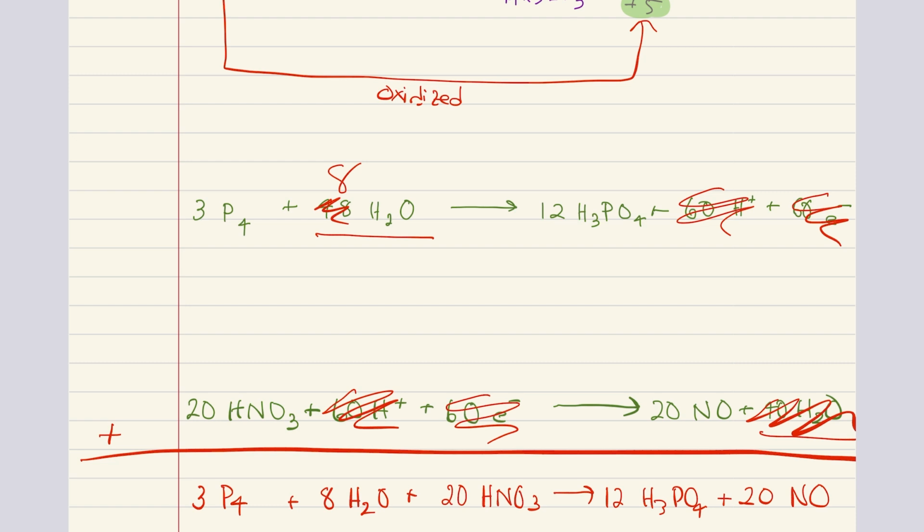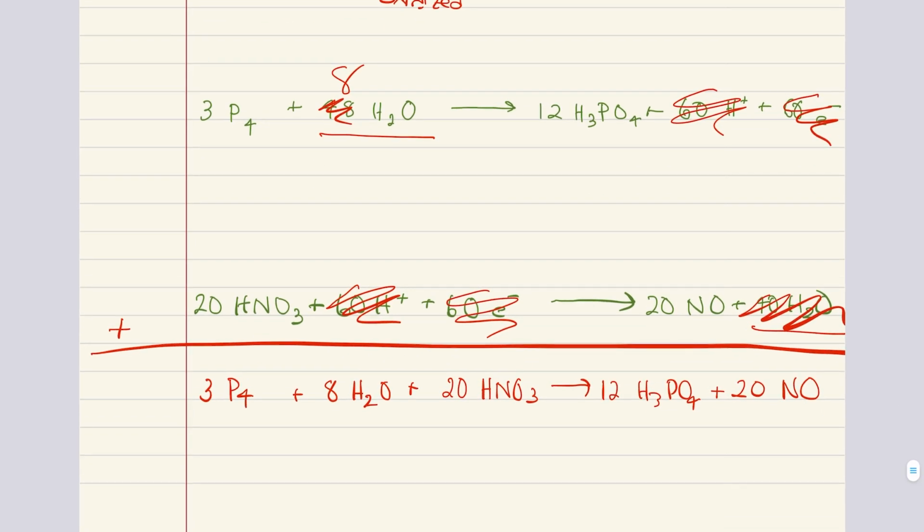Now, since this reaction occurs in acidic solution, we have completed the process of balancing the equation. If it had occurred in basic solution, we would have an additional step, and that's going to be illustrated in the next practice problem we're going to do together.